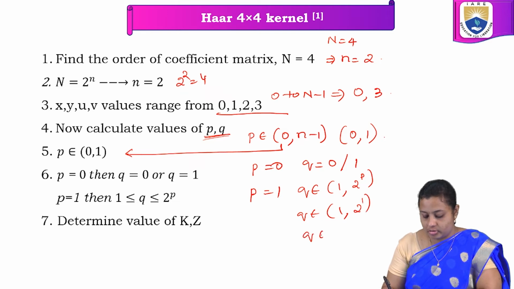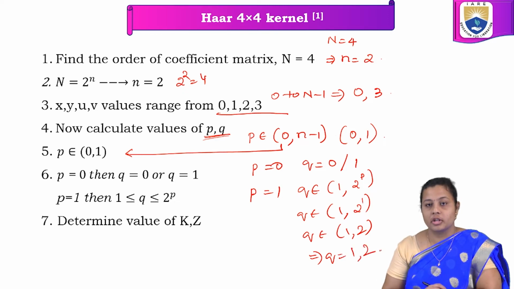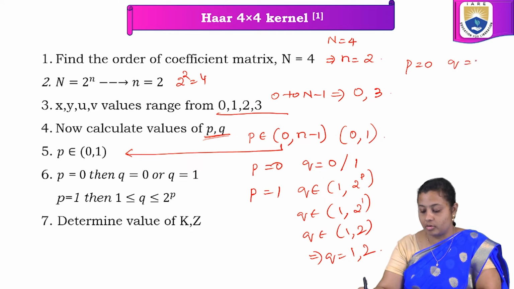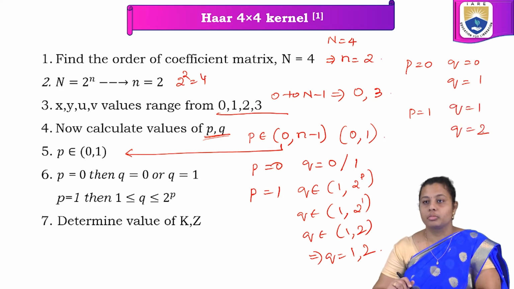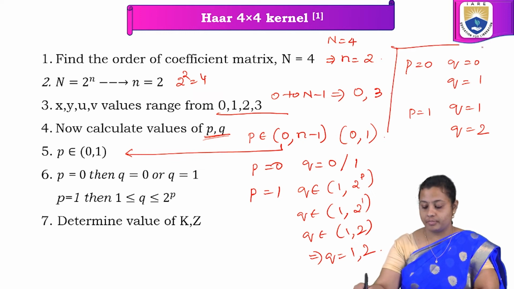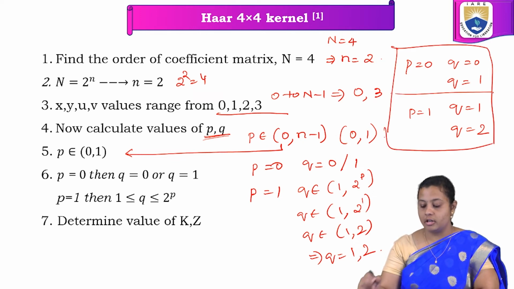So q belongs to the range 1 to 2, which implies q is equal to 1 and 2. Right? So when p is equal to 0, q value is equal to 0 and 1. When p value is equal to 1, q value is equal to 1 and 2. Right? So these are the values of p and q.